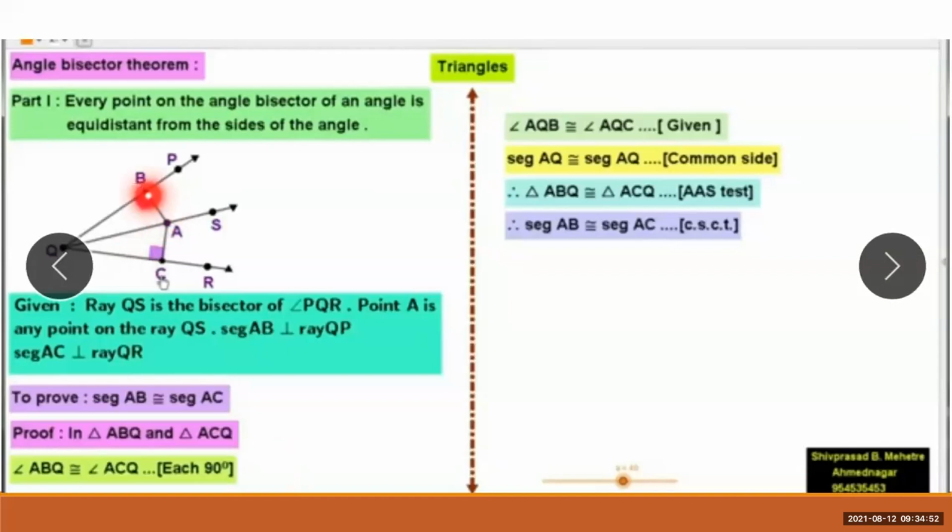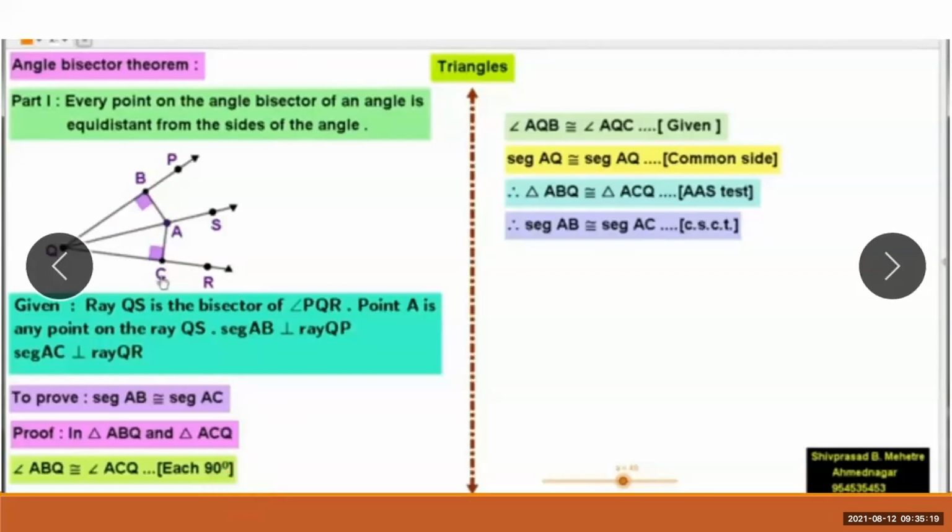Angle ABQ means this 90-degree angle, and angle ACQ means this 90-degree angle. Okay? So those are congruent to each other because of equal measurement, each measuring 90 degrees. Okay, because that is our construction. We drew a perpendicular there. So the angle formed is of 90 degrees.